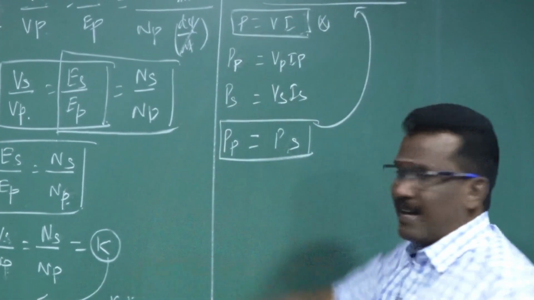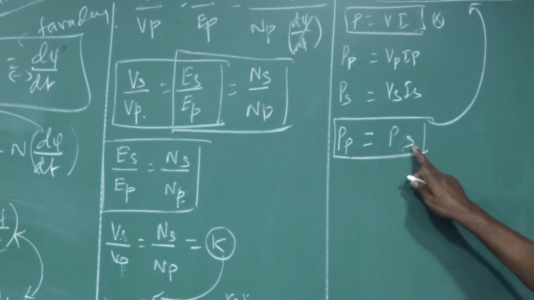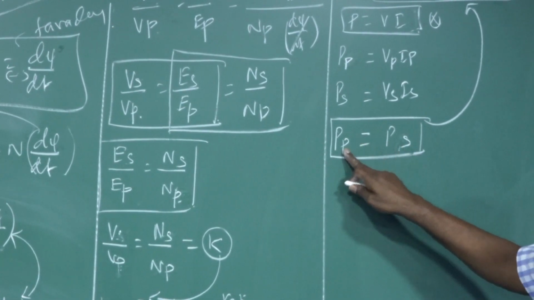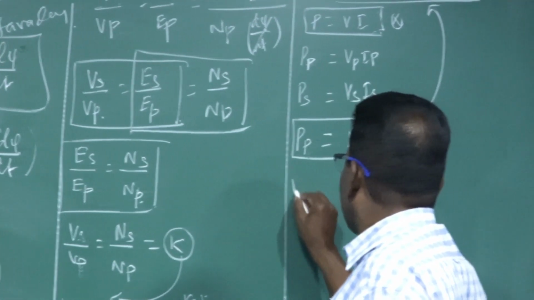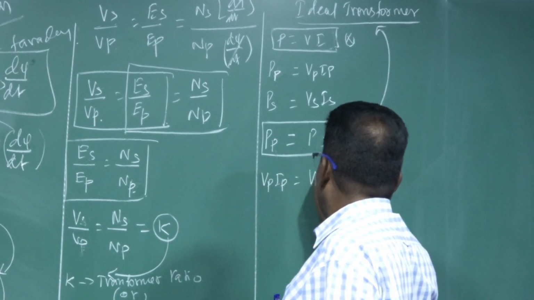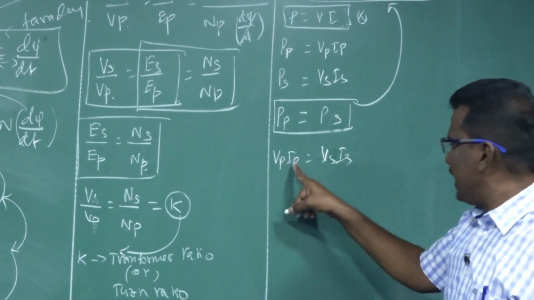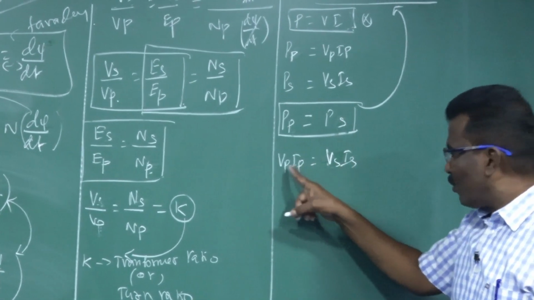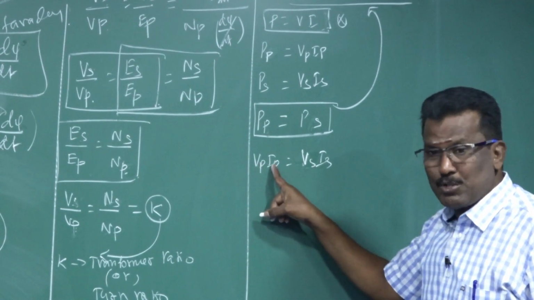In the case of an ideal transformer, the input power, P representing the primary, is equal to the output power, S representing the secondary. So Vp Ip is equal to Vs Is. So voltage and current are inversely proportional.